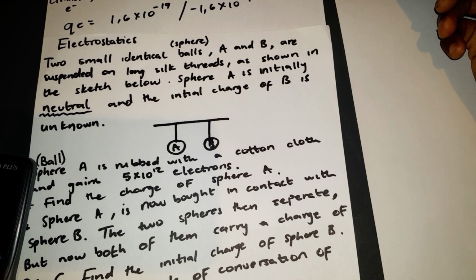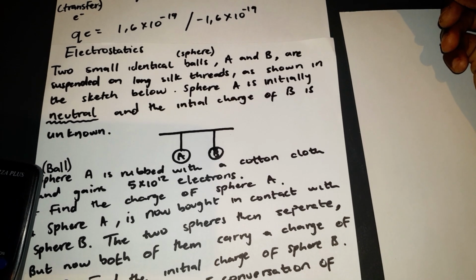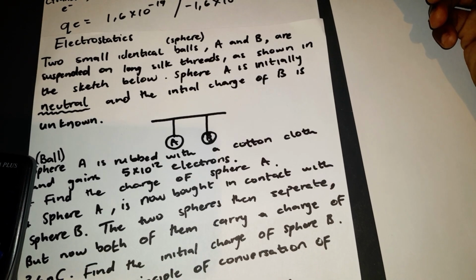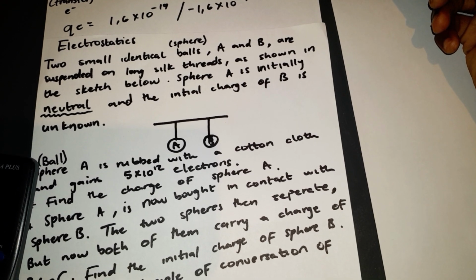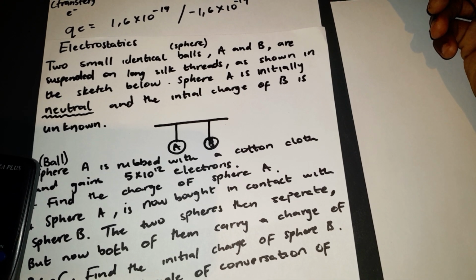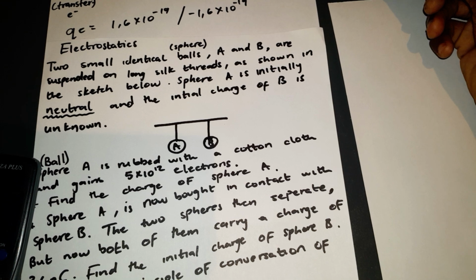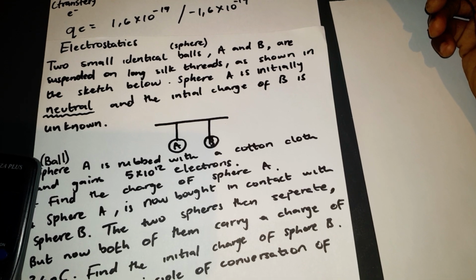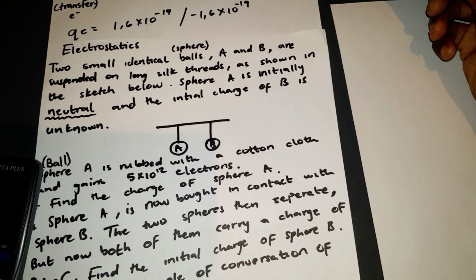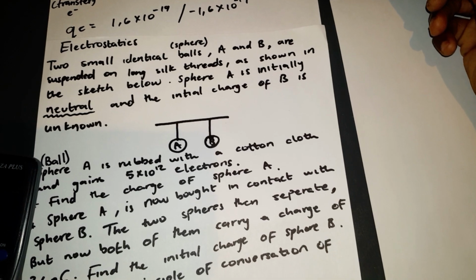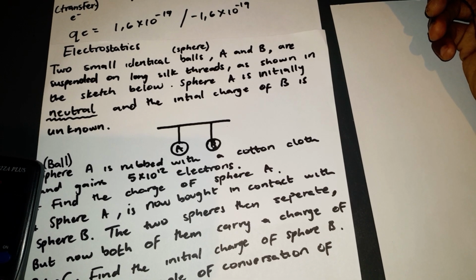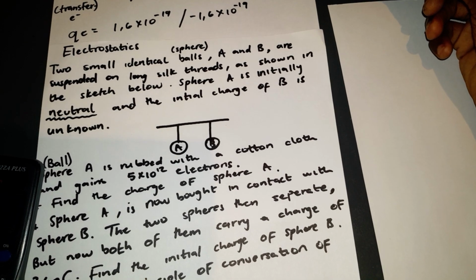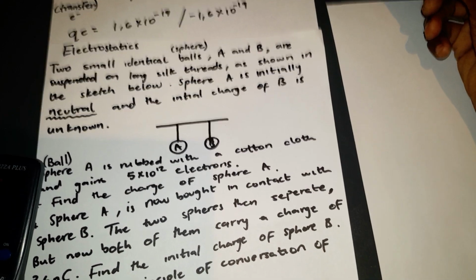It says two small identical balls or spheres A and B are suspended on a long silk thread as shown in the sketch below. Sphere A is initially neutral, note that, and the initial charge of sphere B is unknown.